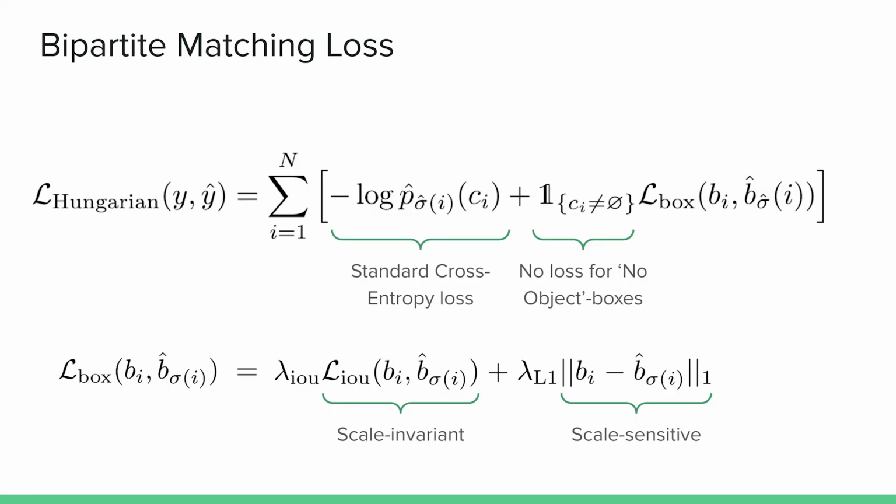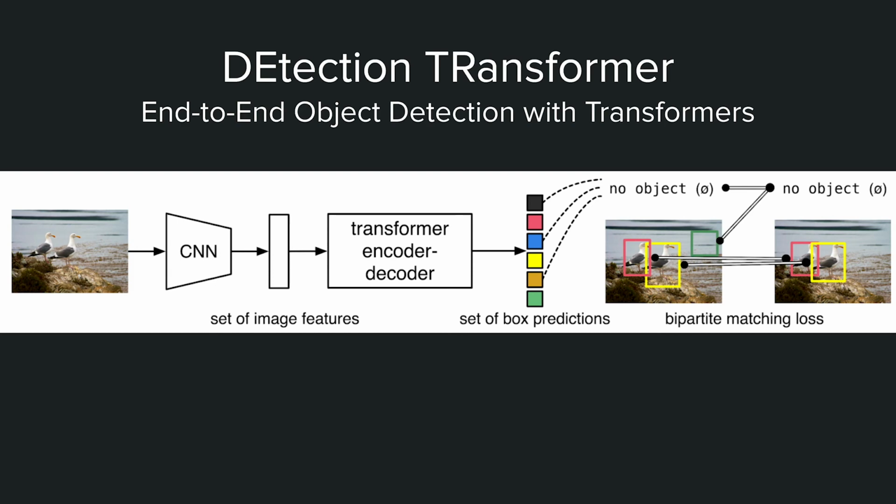So those are just two additional hyperparameters that we have to deal with when we're doing this sort of object detection with transformers. That's basically the bipartite matching loss. Let's go back to our full picture of this architecture. Now we understand how the network is able to match the set of objects that are being predicted in the output with the set of objects that are in our ground truth annotated data set.